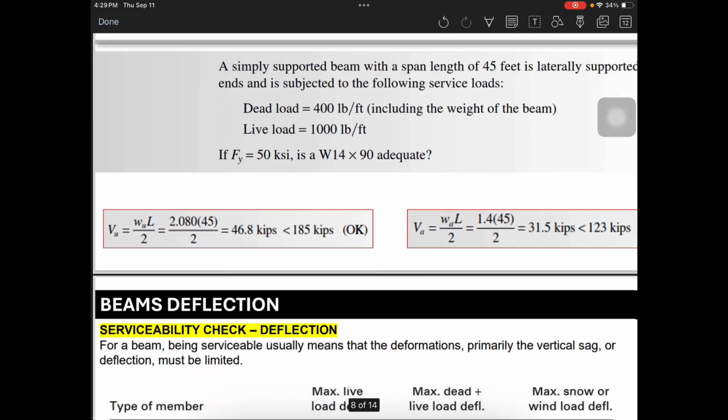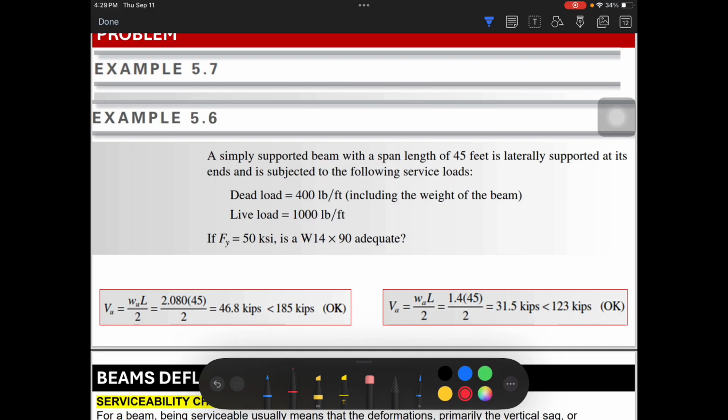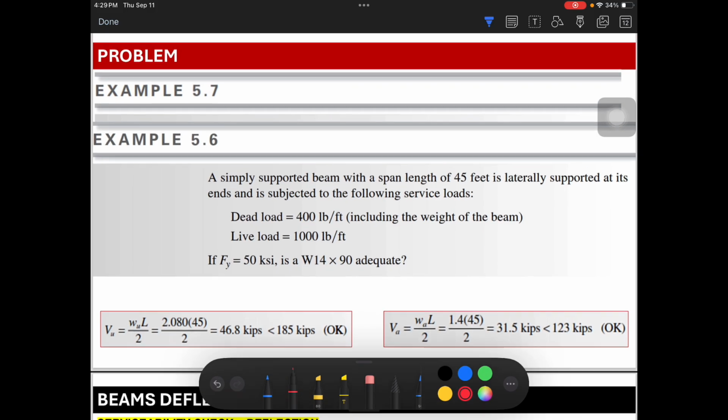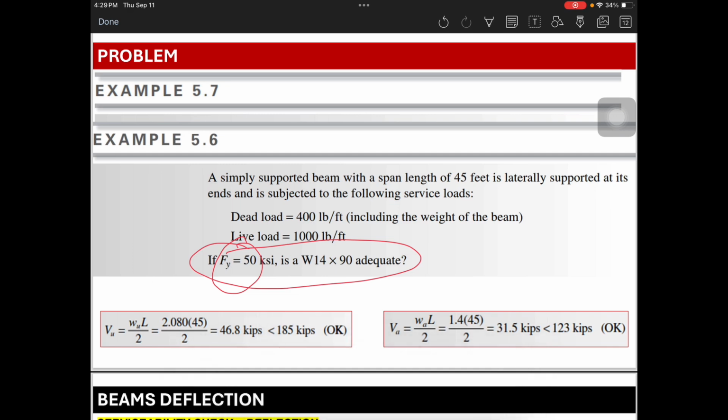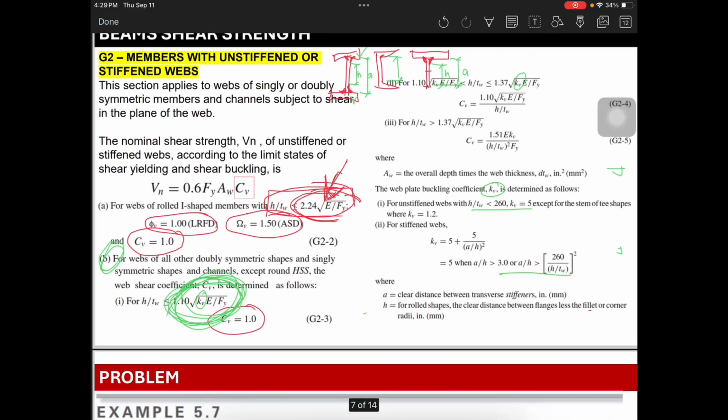So, let's have an example. So, for 5.7, kunin daw ang shear strength ng beam sa example 5.6. Yung beam natin sa flexure. So, yung beam natin doon is W14 by 90 and Fy is 50 KSI. Okay? So, ano nga ba ang formula natin for shear, nominal shear?